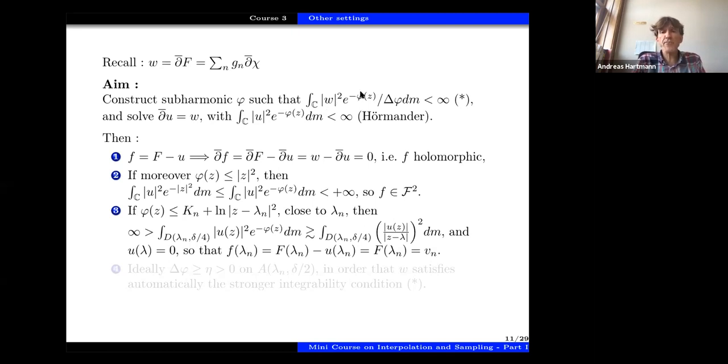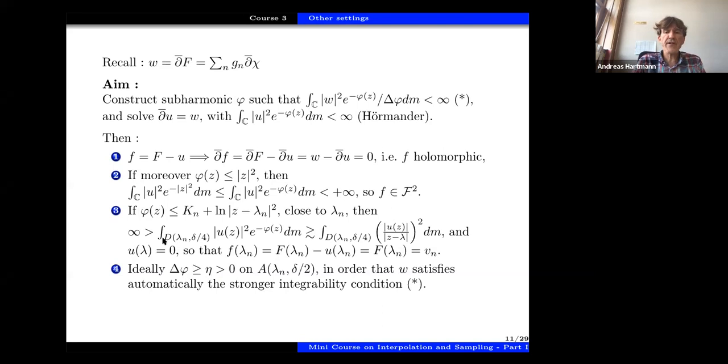Okay, it's not possible to integrate this pole against some holomorphic function. So the idea is to do this. And ideally the Laplacian of phi should be bounded from below by a strict constant, because then I don't need to care about this. So I have to look for a function phi satisfying these conditions.